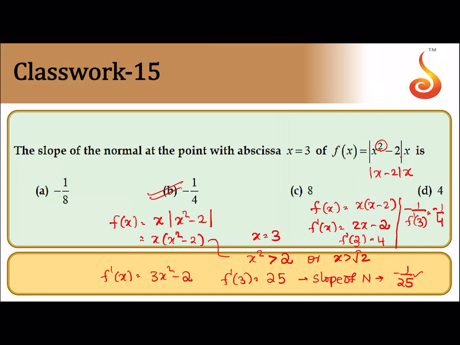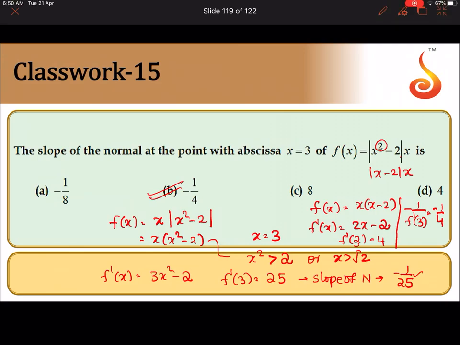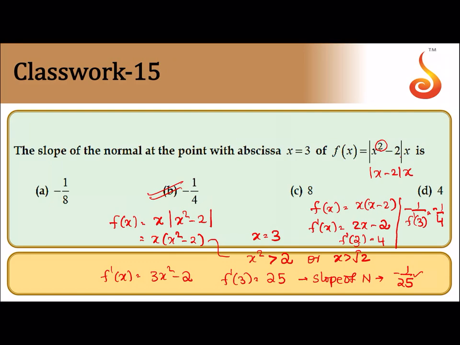According to their options, B. If it is taken as x square minus 2, the answer will be minus 1 by 25. Otherwise, if we take x minus 2, the answer will be minus 1 by 4, option B. So this is a printing error. If we take x minus 2, the answer will be minus 1 by 4.